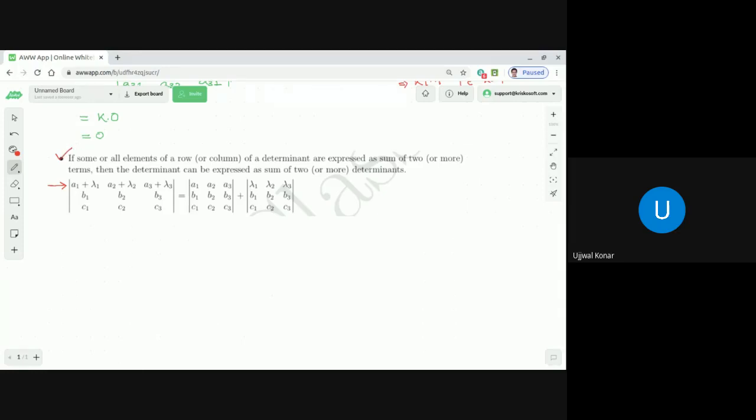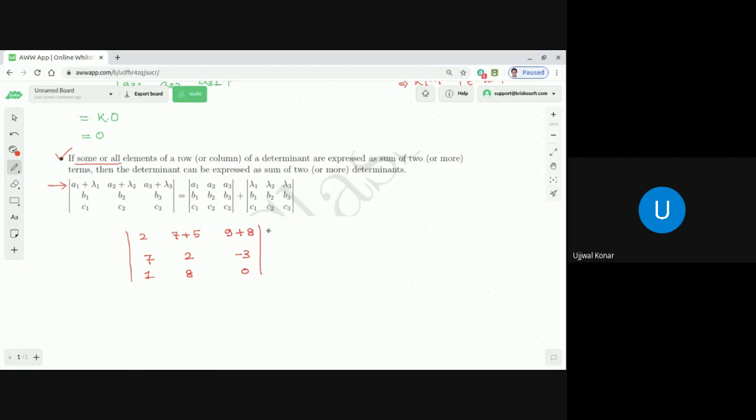If some or all elements of a row, some or all, that is also a very important one. Let me give you an example. Suppose, just to understand some or all, we get a determinant something like this: 2, 7 plus 5, 7 plus 5, 9 plus 8, 7, 2 minus 3, 1, 8, 0, for example.